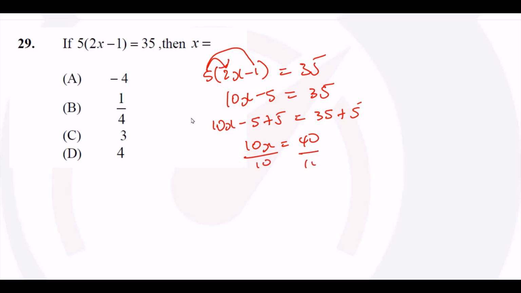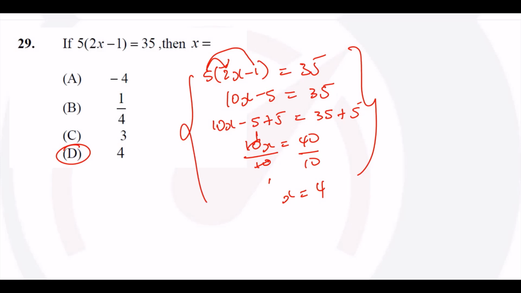Divide both sides by 10. So x is equal to 4. Now for a question like this, without doing this long working out, you could just easily substitute the answers. So you could try negative 4 and see if it gives you 35. Try a quarter, try 3, or try 4.